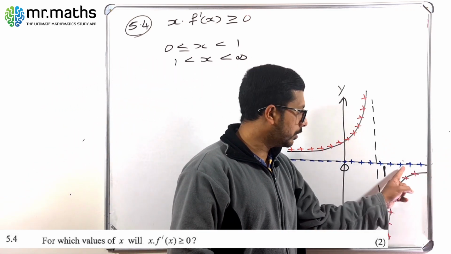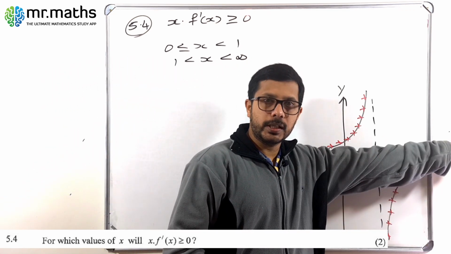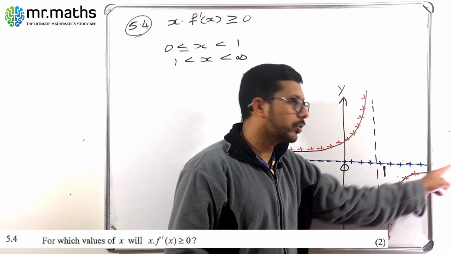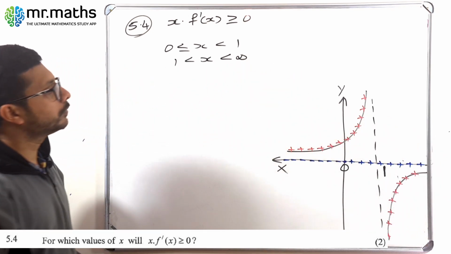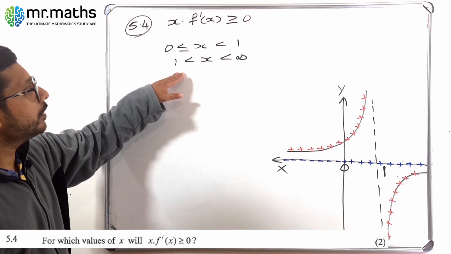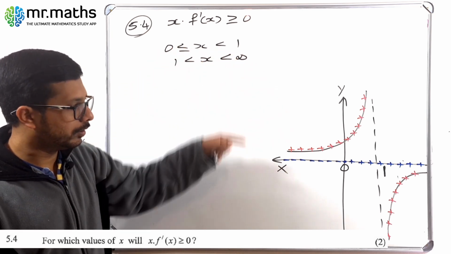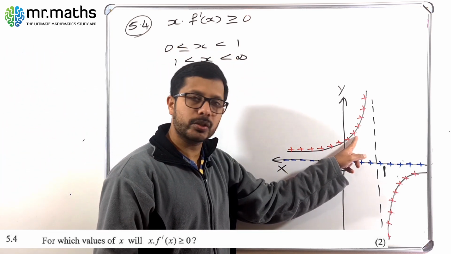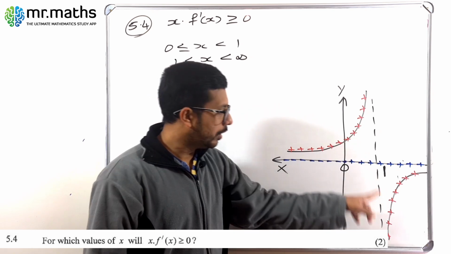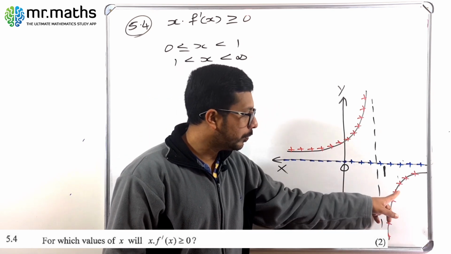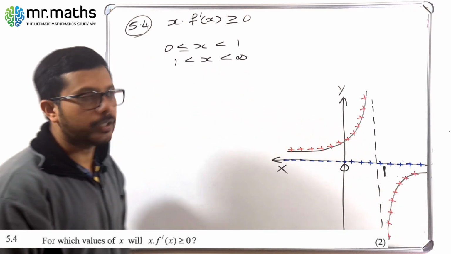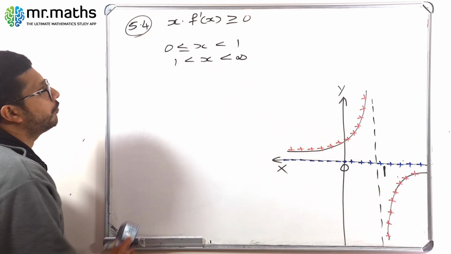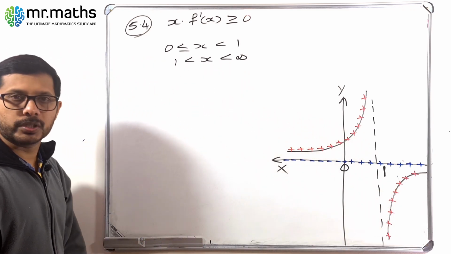There is no limit for this positive x-axis, and this graph is also going to that side, up to infinity. So this is the answer. From 0 to 1, when you multiply x and f dash of x, it is positive. After 1, when you multiply f dash of x and x, it is positive. So that is question number 5.4. Now let's go to question number 6.